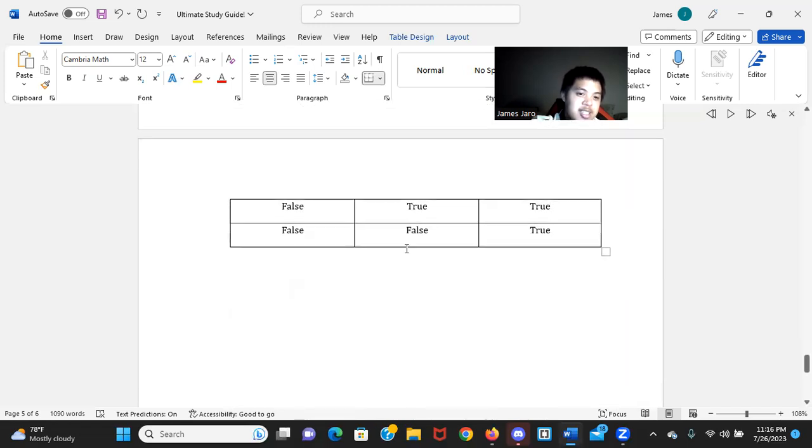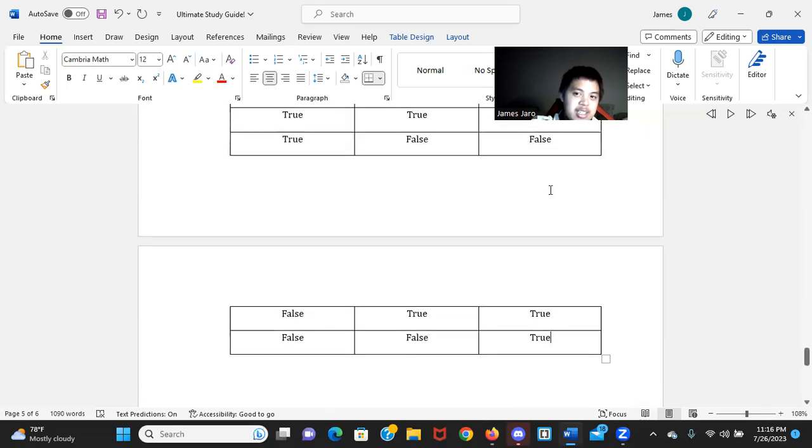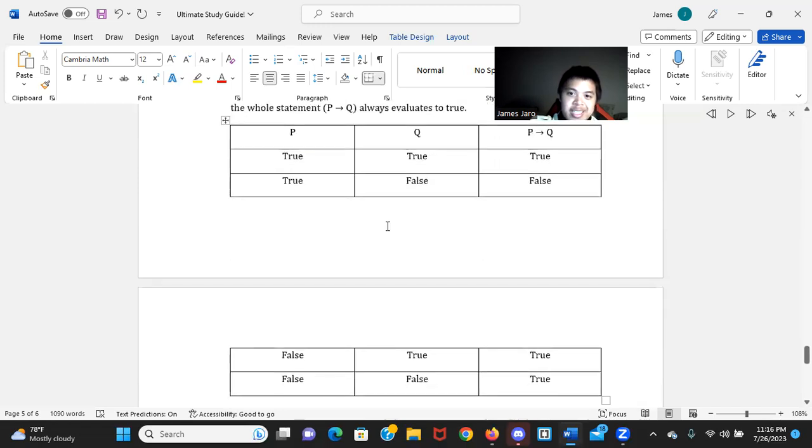So since the precondition hasn't happened, it's a true statement. And so this is our truth table for the implication, which is really weird.